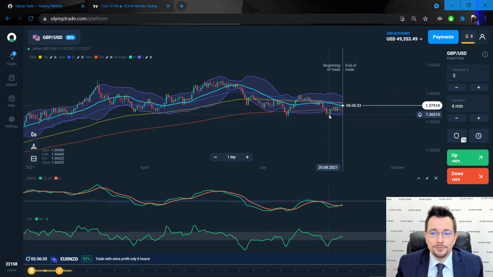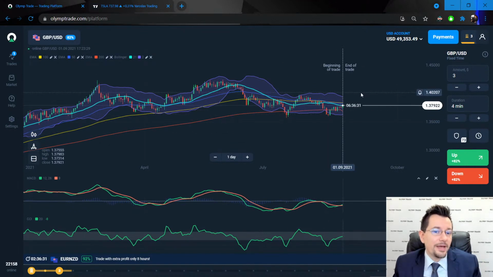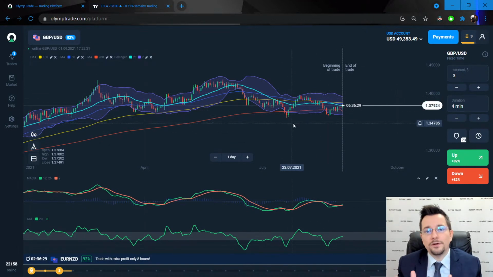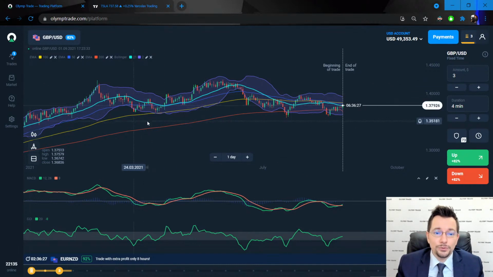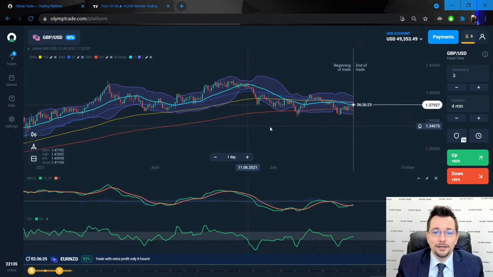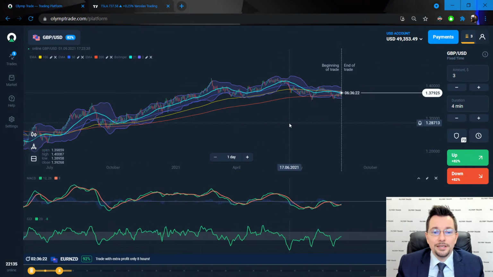From down to top to bottom to top is something that you can expect from most financial assets. And even though they don't do it all the time, they do it enough for it to make you some money. Top to bottom, bottom to top. If you see what I mean.